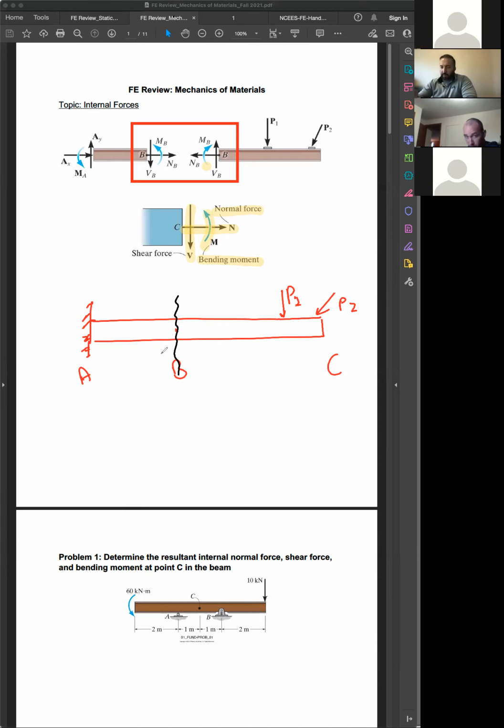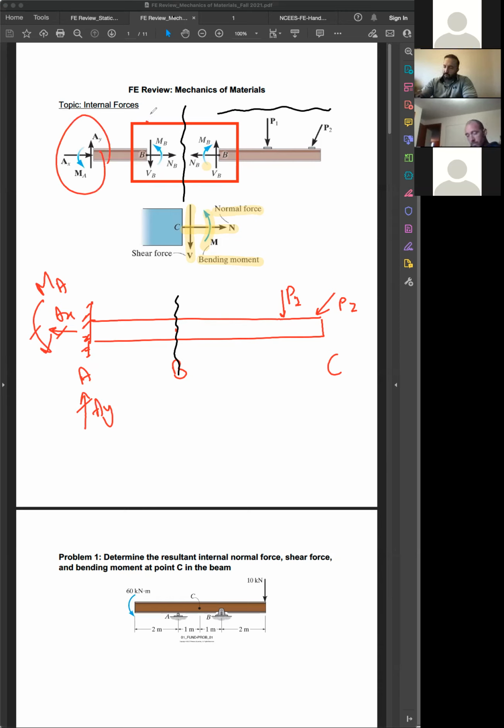When you cut the member, you're going to have two structures separated. You have the left side and you have the right side. This portion would be the right side. You have the two forces, and at the location of cut, you need to show internal forces. At the left side, you have your reactions that you need to show, plus all the internal forces.